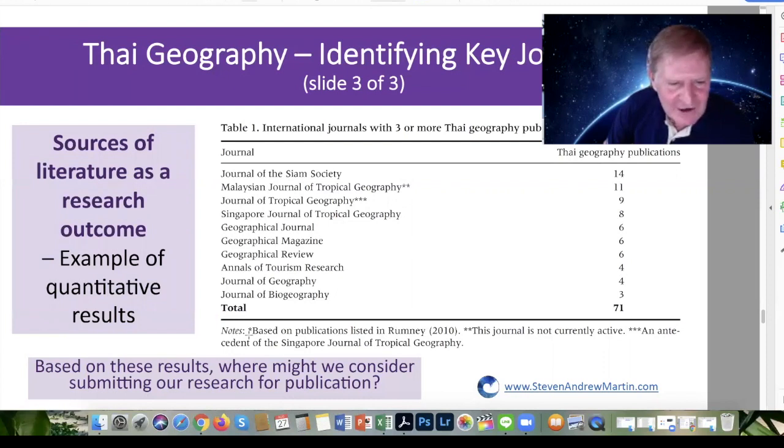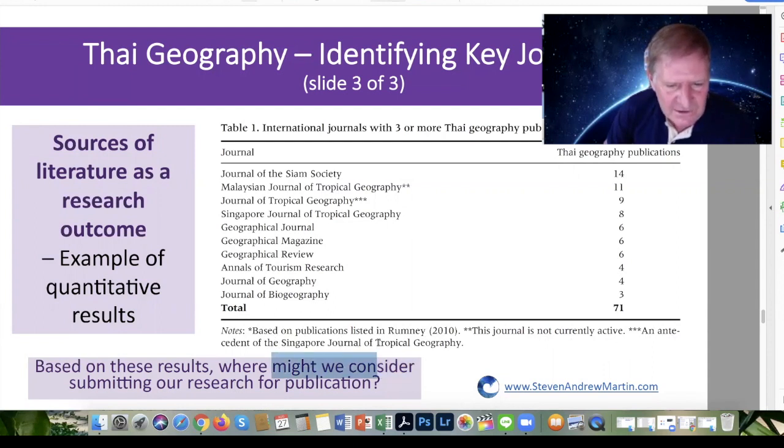But look down here at my notes. This is the same journal, it just changed name since 1950. Here, it's called an antecedent, right? It's the previous journal before the journal. It antecedes the other journal.